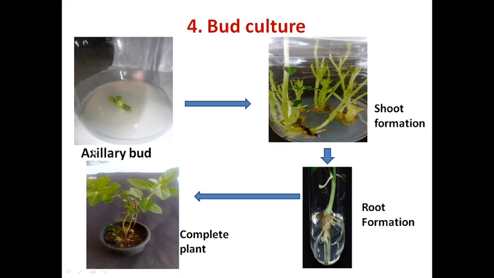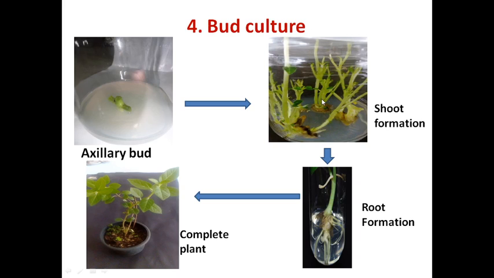So students, this axillary bud I am inoculating on the nutrient medium containing the cytokinin BAP. The cytokinin helps in the formation of shoots. A lower concentration of auxin and a higher concentration of cytokinin promote shoot formation.